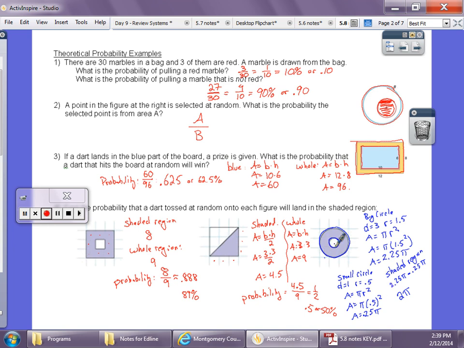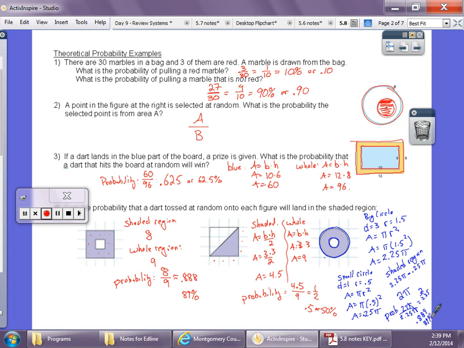So the probability of our shaded region is 2 pi over the whole region, the big circle, which is 2.25 pi. Drop your pi's and you have 2 over 2.25. 2 divided by 2.25 gives us a probability of 0.889, which is about 89%.